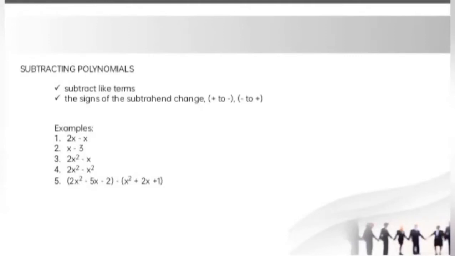Let's proceed to subtracting polynomials. In subtracting polynomials, we have two rules. Subtract like terms, just like adding like terms. And the second one, the signs of the subtrahend change from positive to negative and negative to positive. Let's have these examples so you'll understand it further.